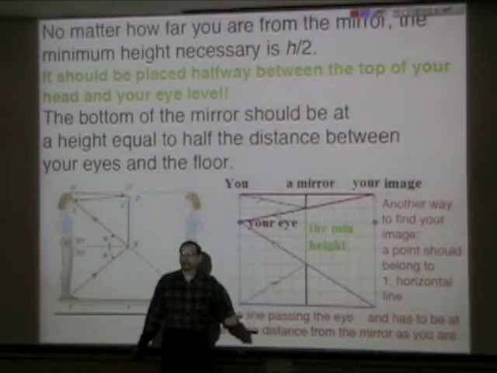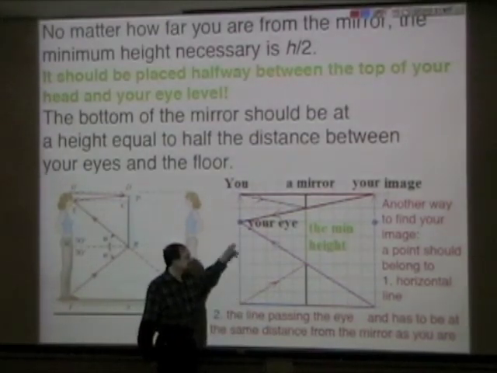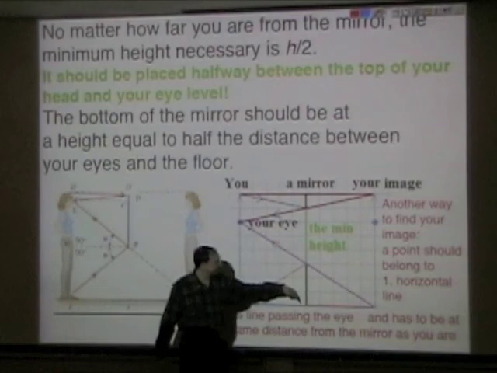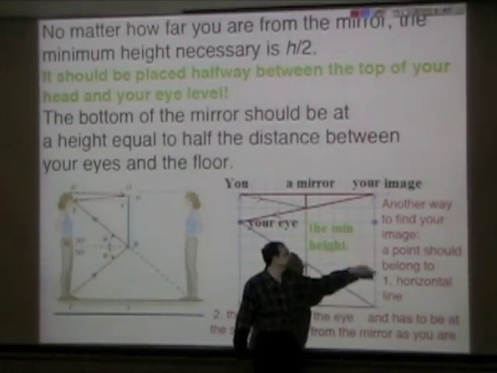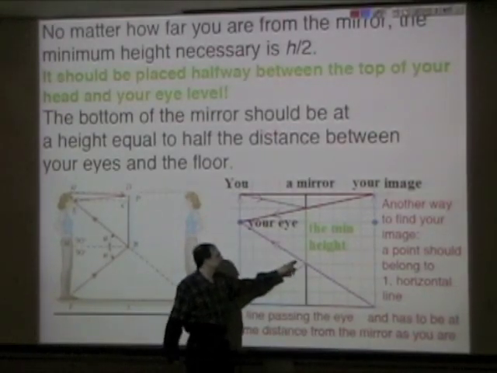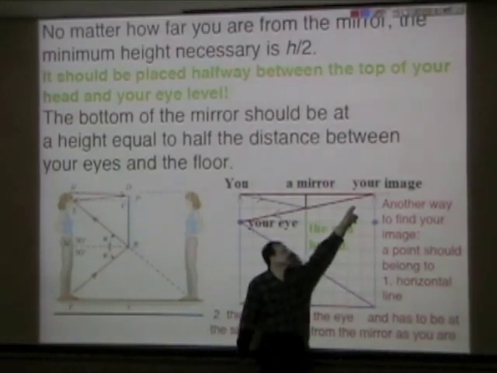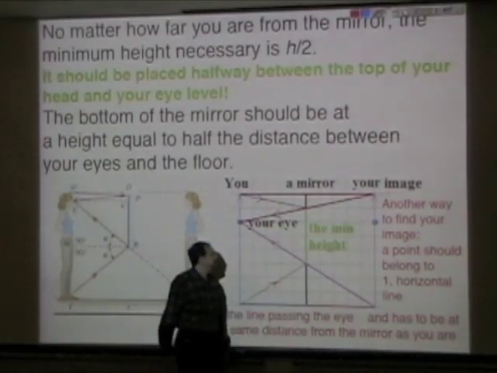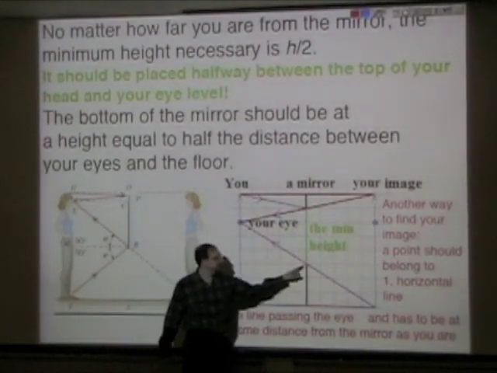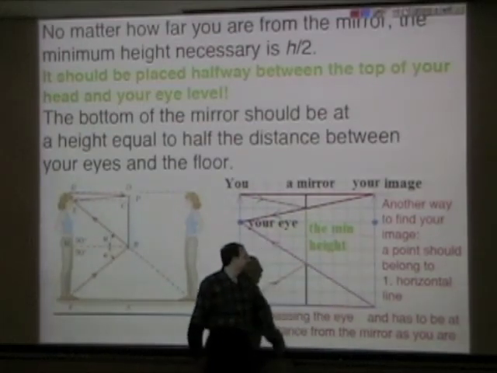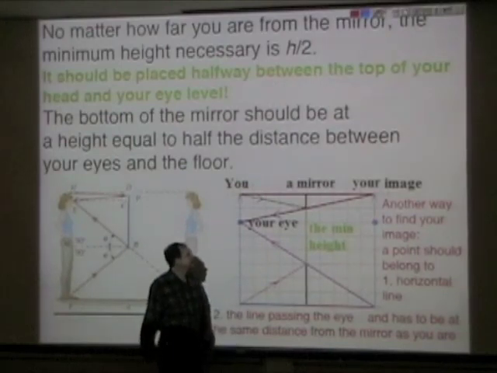Well, first of all, for the plane mirror, the image must have the same size and be at the same distance from the mirror. So that's supposed to be your image. So this is how you should see your feet. This is how you should see the top of your head. This is a real ray. That's an extension. And this is the size and the location of the mirror you can use.